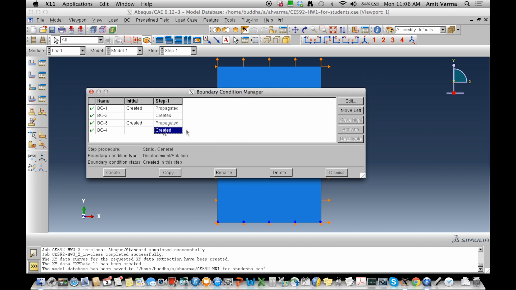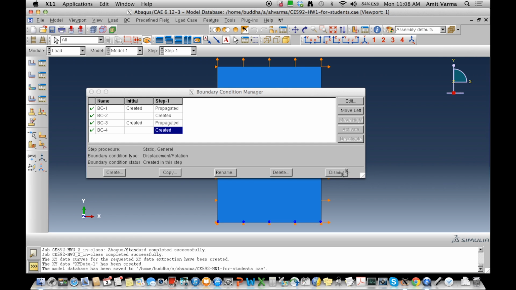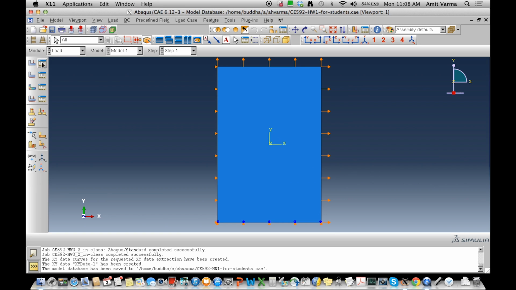And if you look, the amplitude is ramped, which means that it's being applied slowly, in small increments along that step. At the end of the step, they will both be at a strain of 1%. The loading is still off. I'm not applying any specific loading.